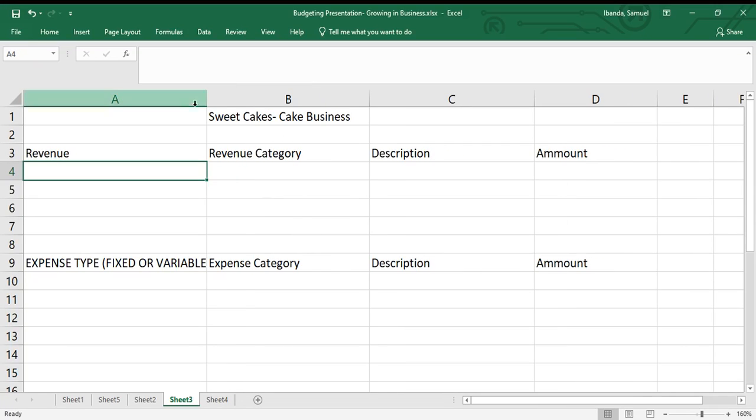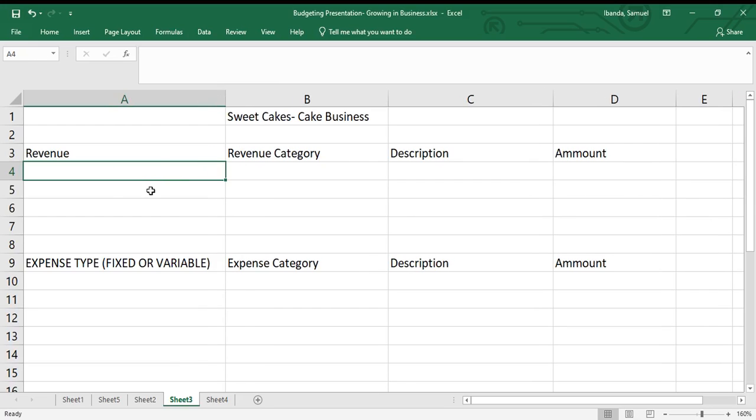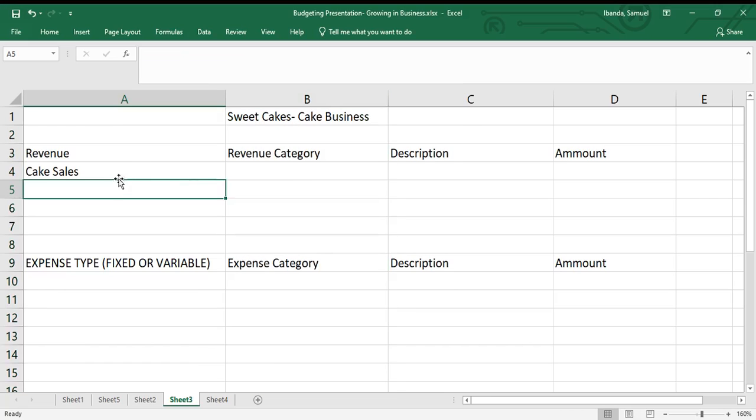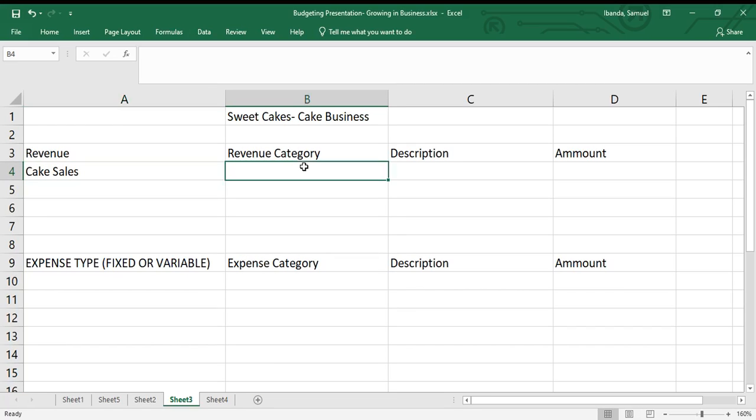Now you could have cases where, in terms of revenues, you have, let's say, cake sales. So cake sales, and maybe you can have your revenue categories.